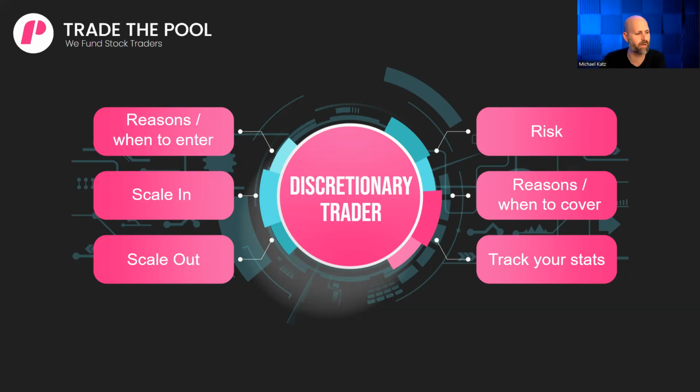Usually, a lot of people say that you need to start as a system trader and then move to discretionary. I disagree, because you can start as a discretionary trader, but you still need to learn the process of becoming one, like you learn the process of becoming a systematic trader.